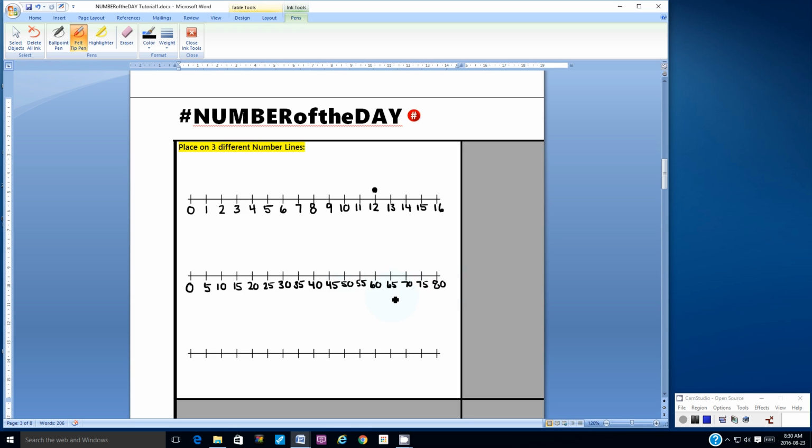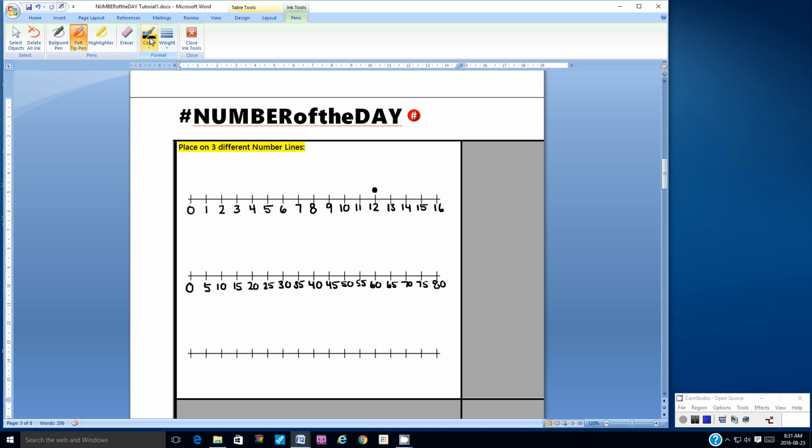So I should be able to get up to 80 if I count it correctly. Let me double check: 5, 10, 15, 20, 25, 30, 35, 40, 45, 50, 55, 60, 65, 70, 75, 80. Excellent.